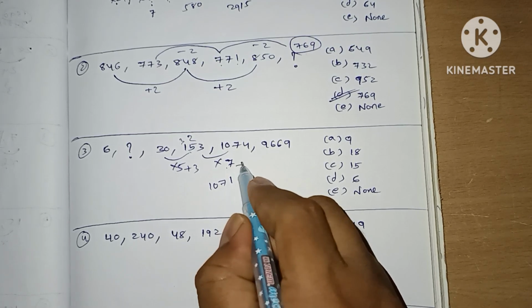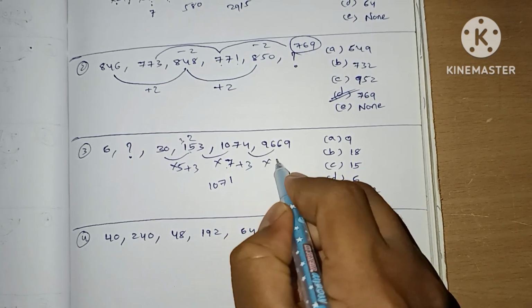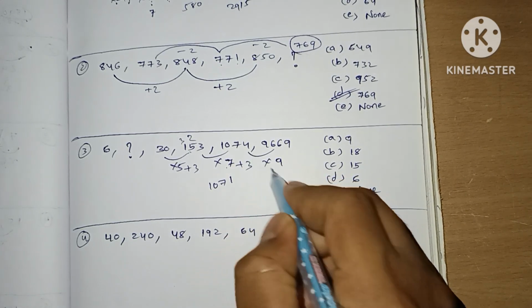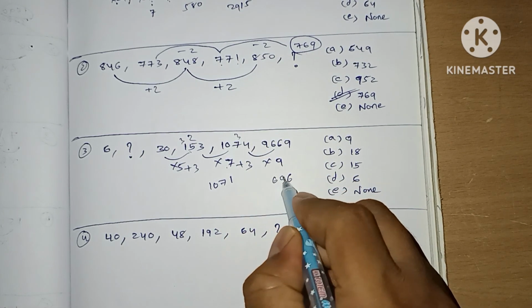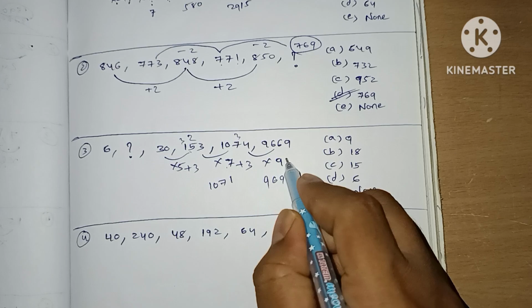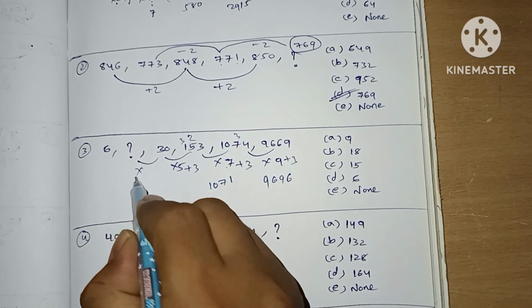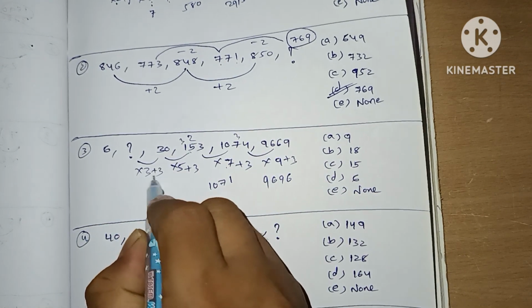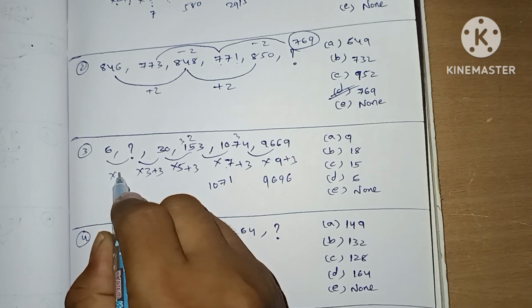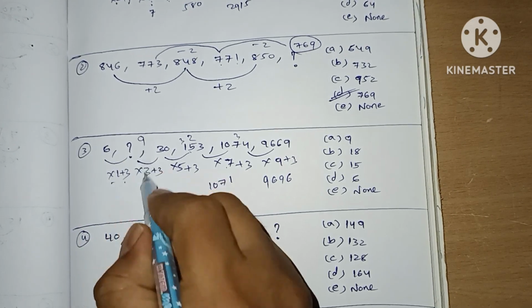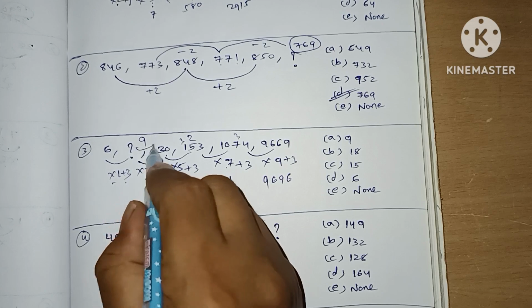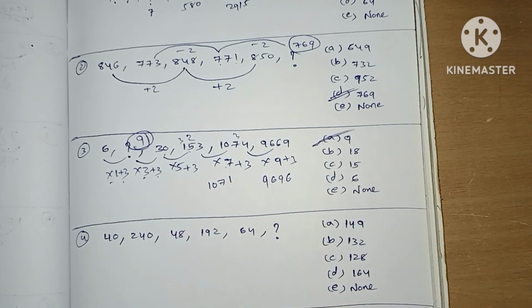So plus 3 into 9 times, 9 times 4 is 36, 9 times 7 is 63, 69, 9 plus 3. So it must be into 3 plus 3. It must be into 1 plus 3. 6 plus 3, 9, 9 times 3 is 27 plus 3, 30. So the answer will be 9. Option A is our answer.